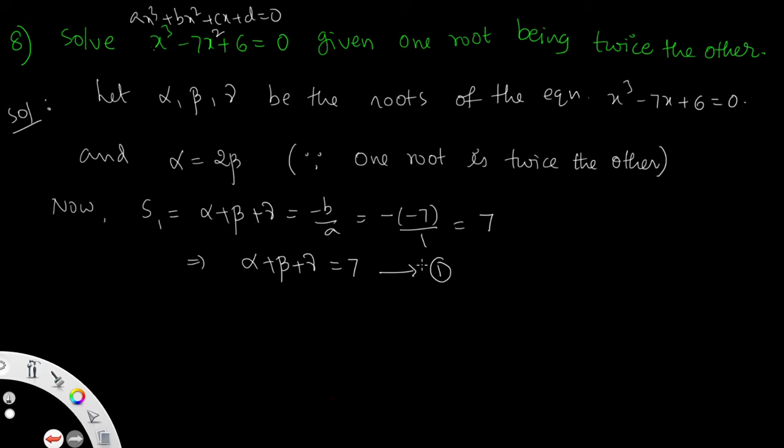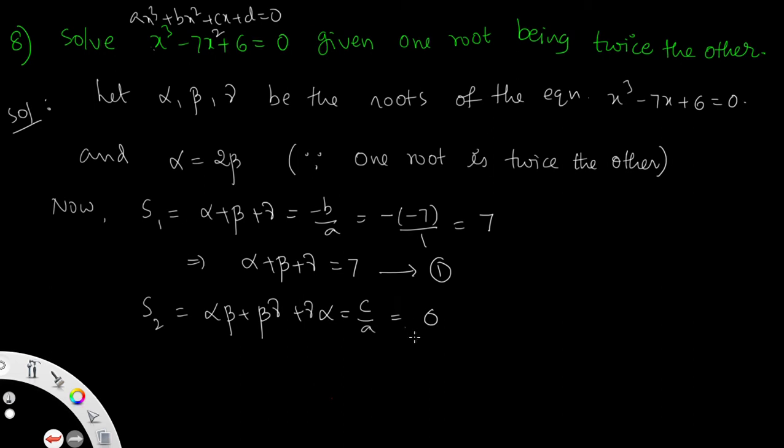Then the sum of the products of the roots taken two at a time, denoted by S2, is alpha beta plus beta gamma plus gamma alpha equal to c by a. The x coefficient is not there, so it becomes 0.